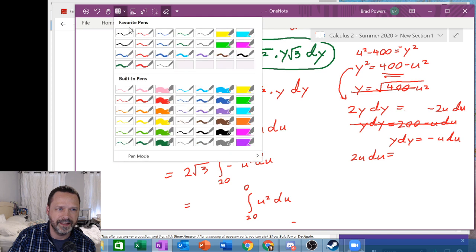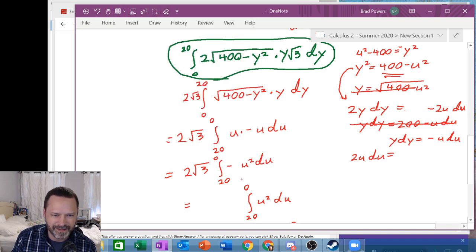And this guy, we already talked about, this wouldn't be y root 3, this would be y over root 3. So this would be 2 over root 3. So now it's 2 over root 3.